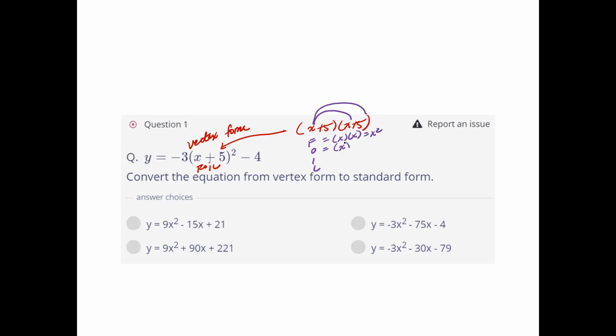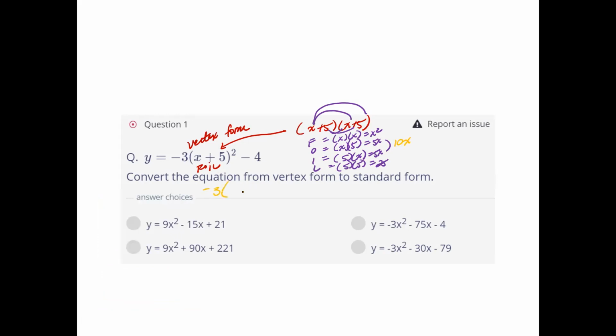Outer is x times 5, which is 5x. Inner is 5 times x, which is 5x. And last is 5 times 5, which is 25. If you combine the 5x together, the outer and the inner, you will get a 10x.